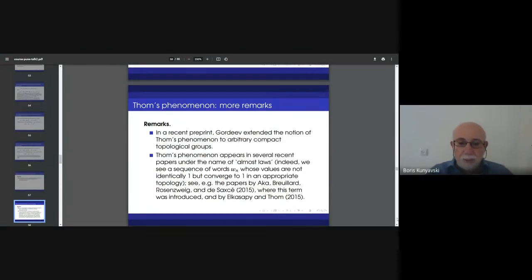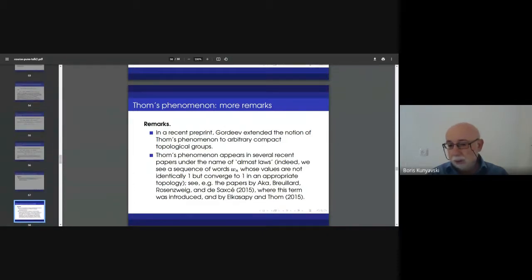And also some people reformulated this phenomenon using other terminology. They used the term almost laws. Indeed, we see here a sequence of words whose values are not identically one, but they converge to one in an appropriate topology.